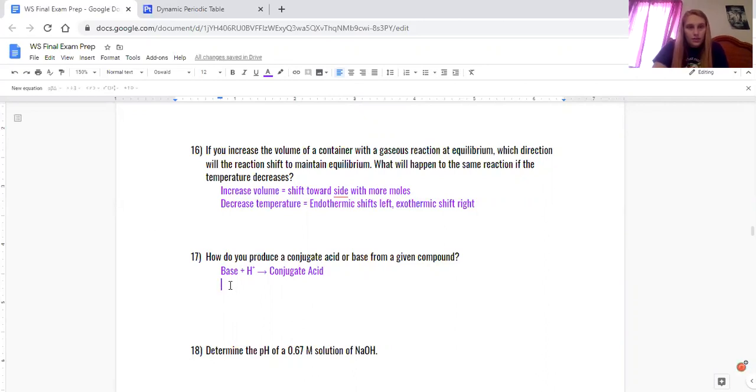And if you have an acid and you remove H plus, then you'll get a conjugate base.